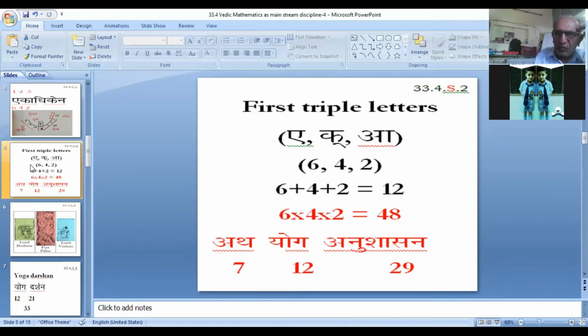6 multiplied by 4 multiplied by 2 is 48. So it is this 1/4 feature of the product value which is going to be the basic reach of this system, which permits approach quarter by quarter.